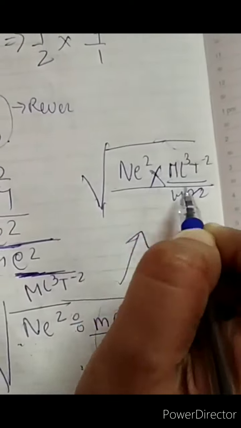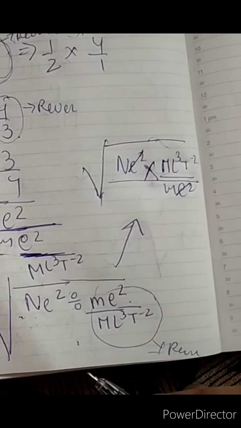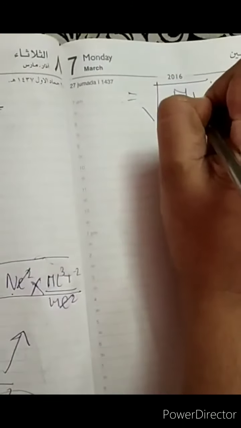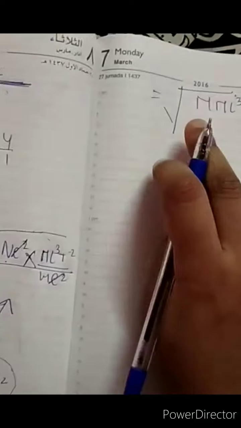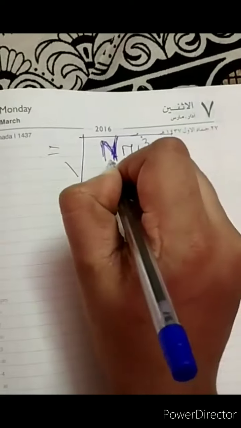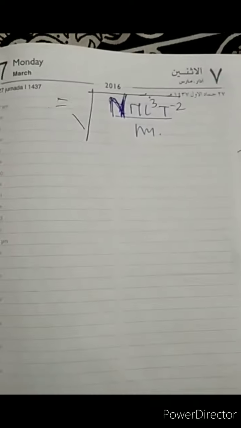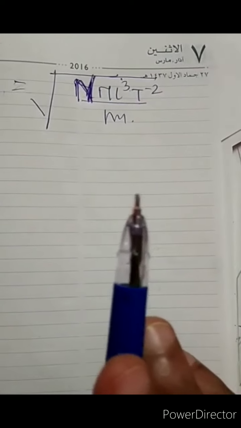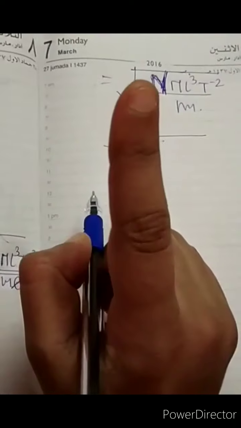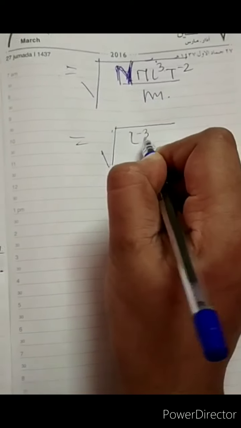Okay, fine. Now E square cancels out. Correct? What are we left with? We are left with n m l cube t minus 2 divided by m. Now what is n? N is L to the power minus 3.